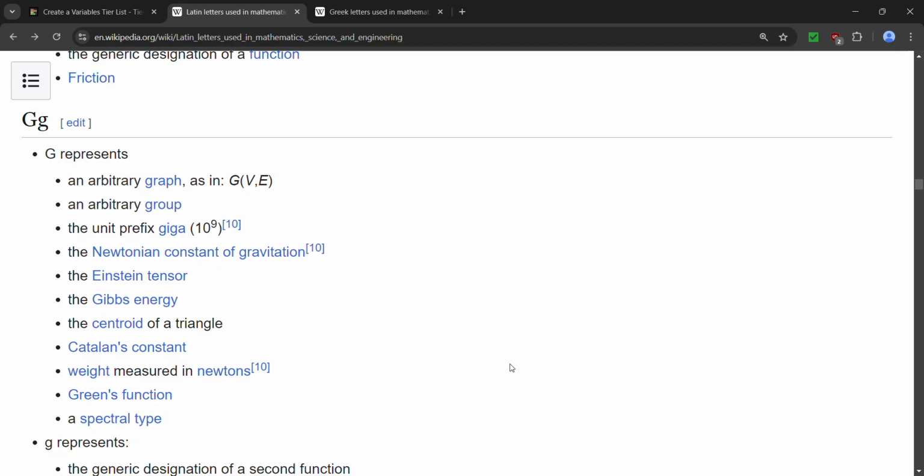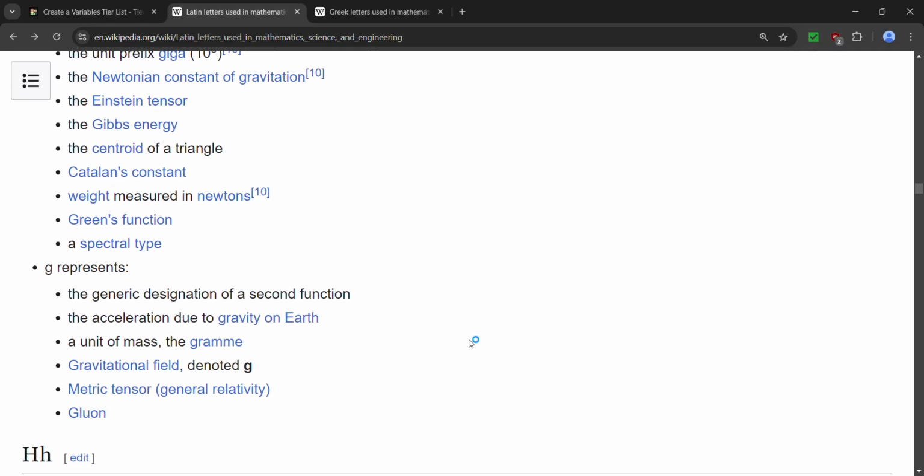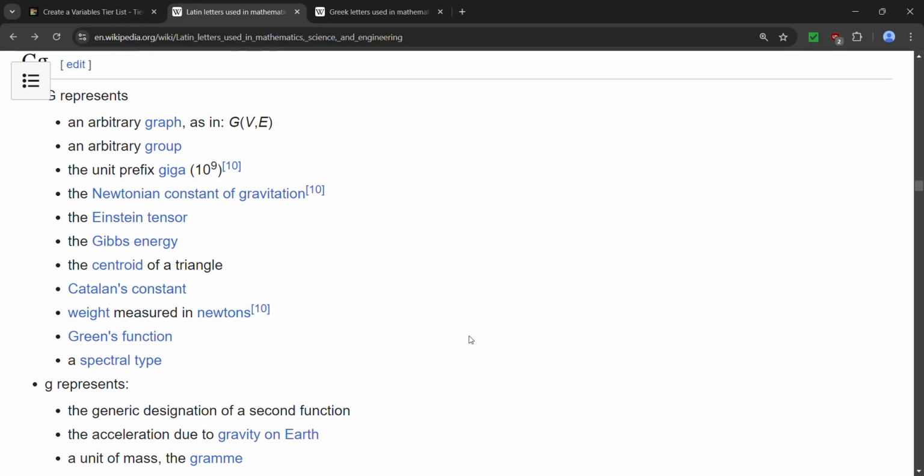The Einstein tensor. I don't know how people understand this stuff. I really think the only convincing thing here is just G, 9.81 meters per second squared. I guess big G can also represent the gravitational force.